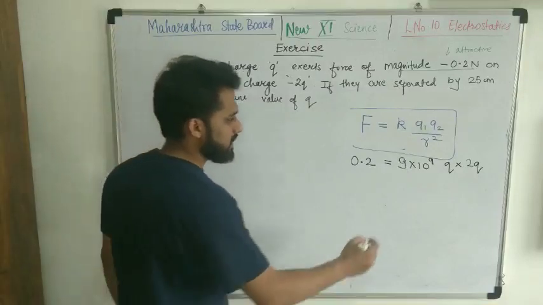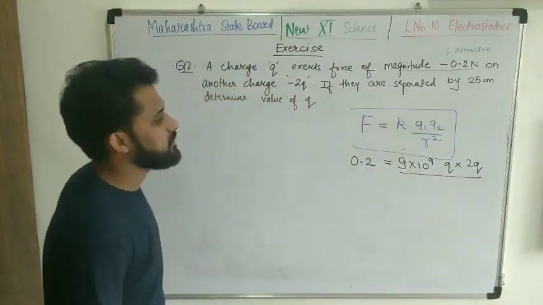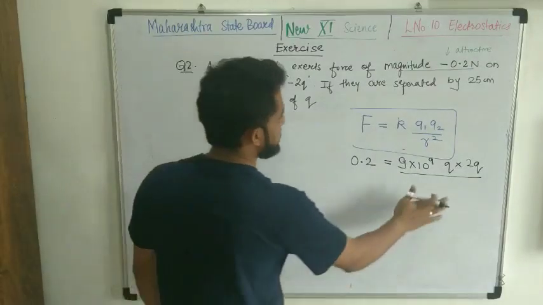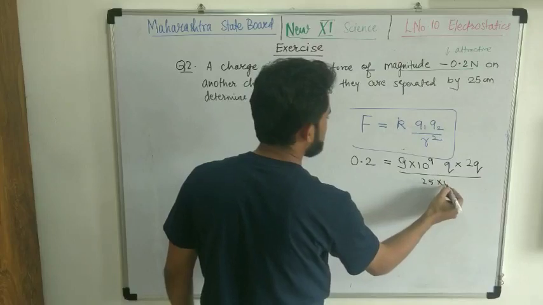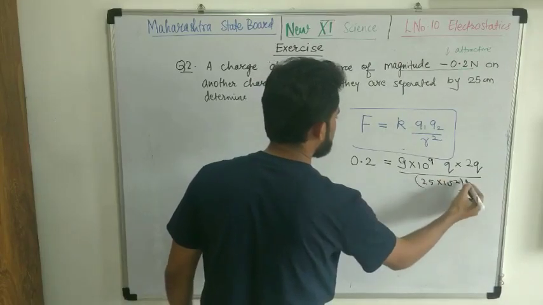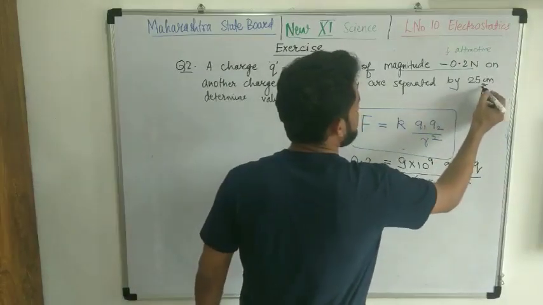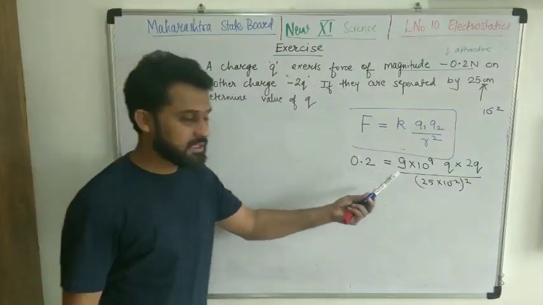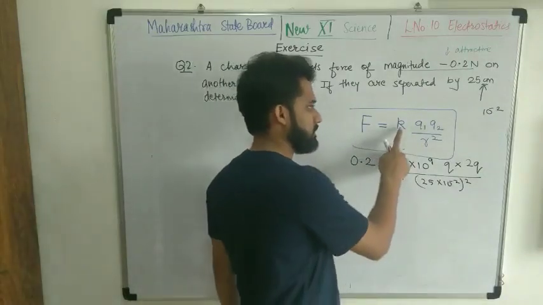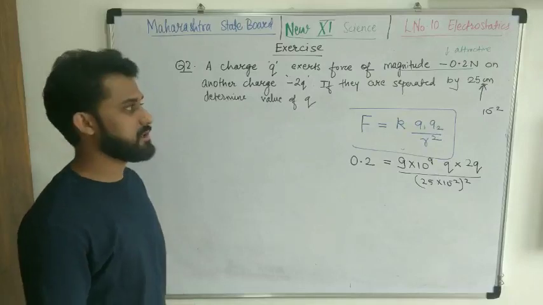Over, distance is 25 centimeters, and if you square it, there will be distance square in the denominator, that is 25 times 10 to the power minus 2, the whole square. Because again the centi is the prefix which stands for 10 to the power minus 2. In this problem we have assumed the medium to be vacuum, so we stick to the value 9 times 10 to the power 9.